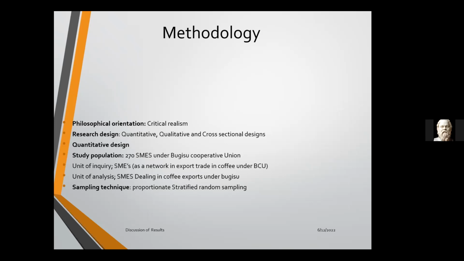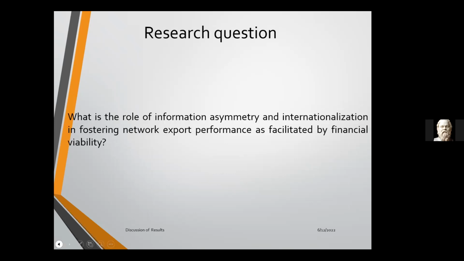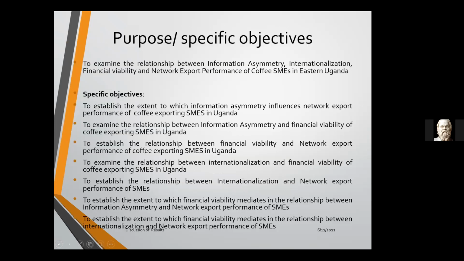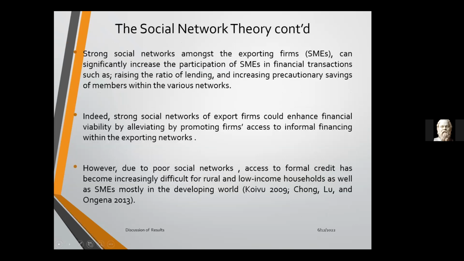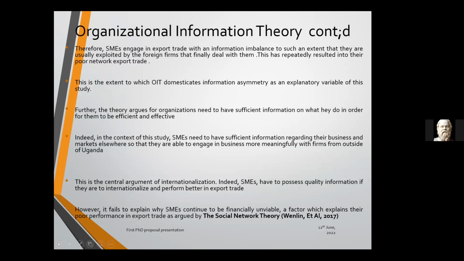From the challenges, you went straight to theories. I heard you talk about the organization information theory, and I think the second one was the social network theory. But at some stage you said the organization information theory fails to explain why SMEs are unviable, and that this is explained by the social network theory.